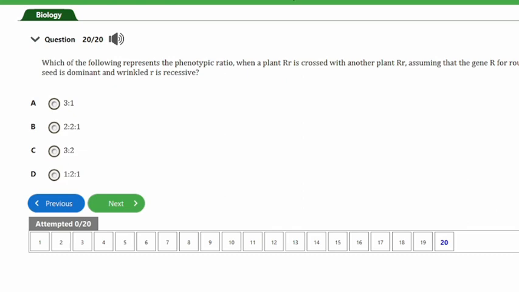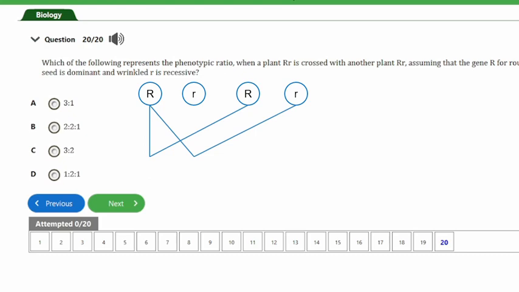3:1. So guys, if we are to use the crossing to actually ascertain this, so if we are to cross this, we are going to have capital R, small r, and then capital R, small r. So we'll go again. We'll have first R to the first R, and that's capital R, capital R. First R to the second R, that's capital R, small r. So we have second R to the first R, and that's capital R, small r.